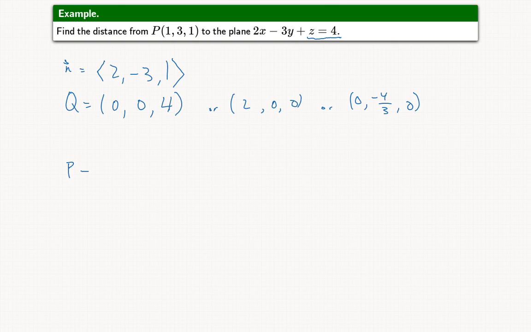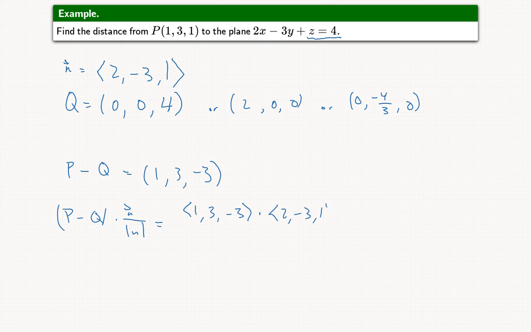Okay, so now P minus Q is 1, 3, negative 3. And so then we dot that with the normal vector, divide by the magnitude of the normal vector. So that's 1, 3, negative 3, dot 2, negative 3, 1, over the square root of 4 plus 9 plus 1.